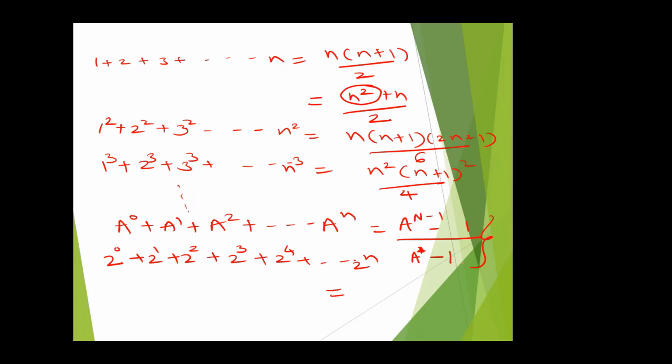Now here we are going to substitute a as 2, and then we are going to say 2 raised to n minus 1 divided by 2 minus 1. So the denominator term is really not necessary. So these are typical formulas we might need while calculating.